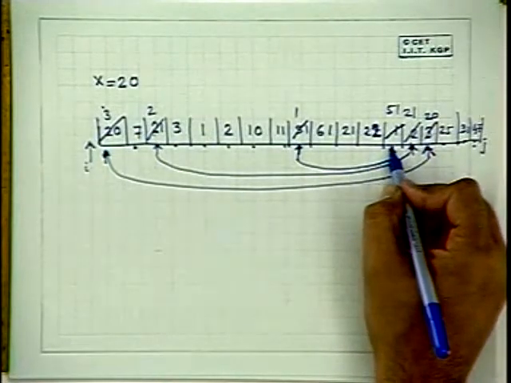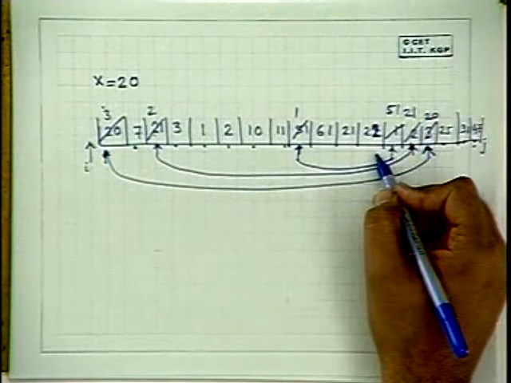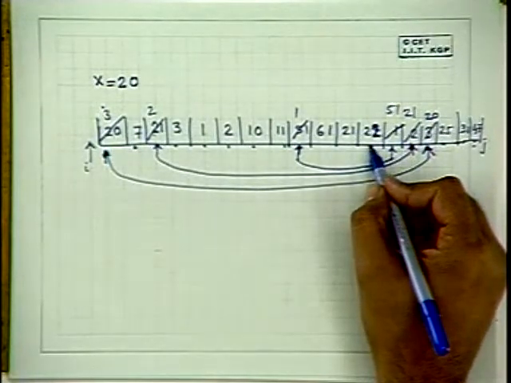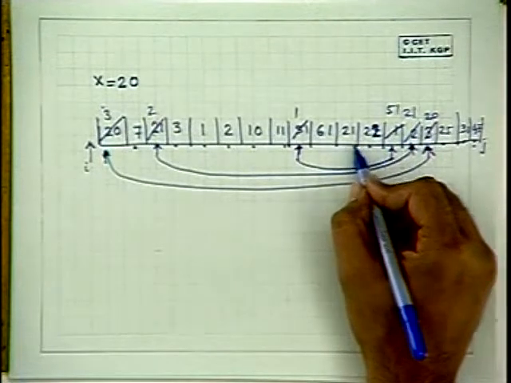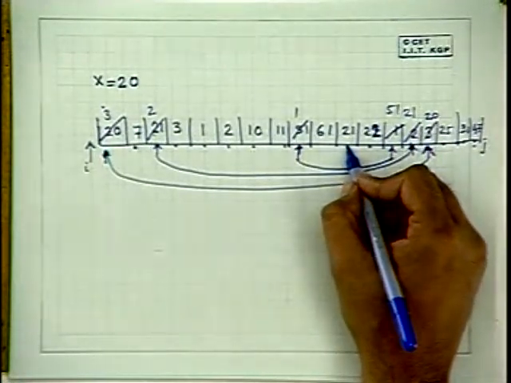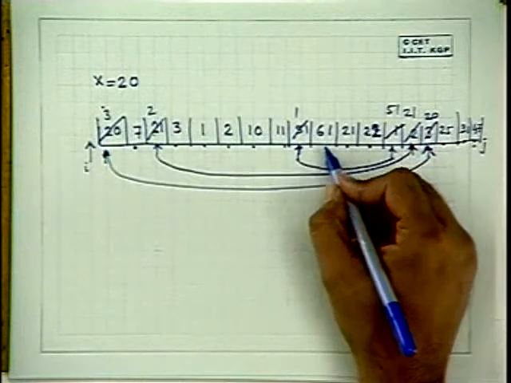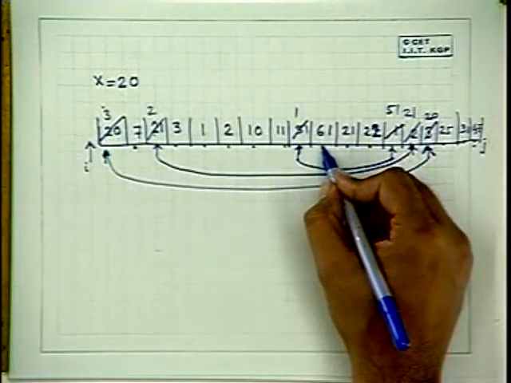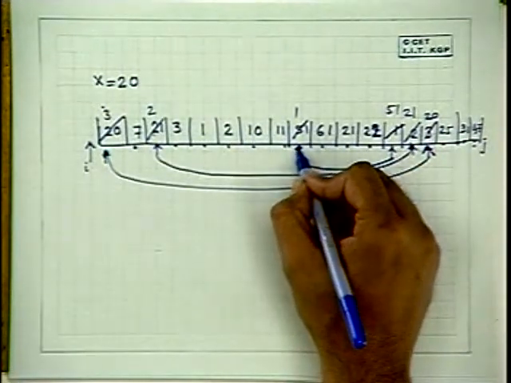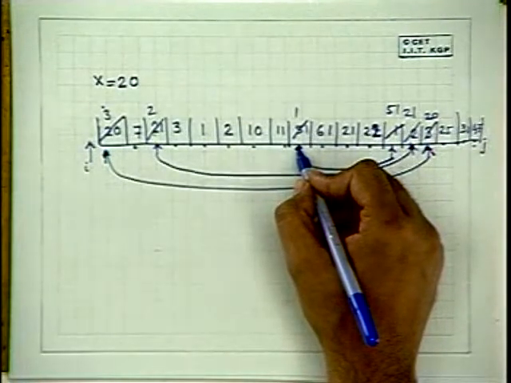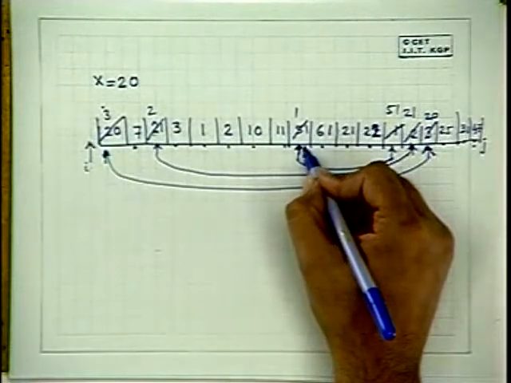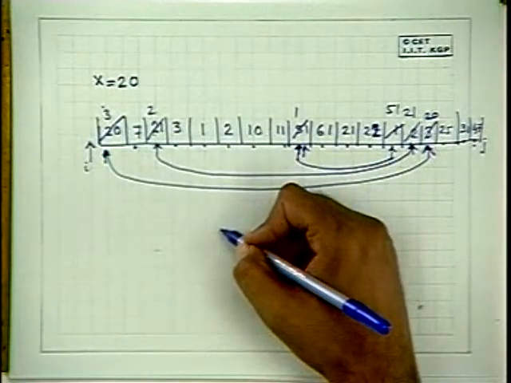Now again the entire loop starts. J will be at 22, 22 is greater than 20, it will move to 21, 21 is greater than 20, it will move to 61, which is greater than 20, it will move to here. Now it sees that it is 1, 1 is not less than 20, so the pointer j will stop here.